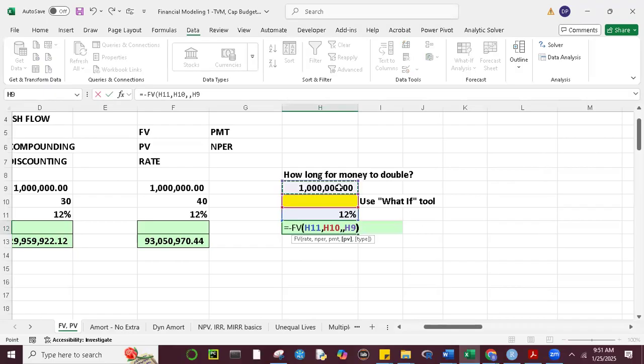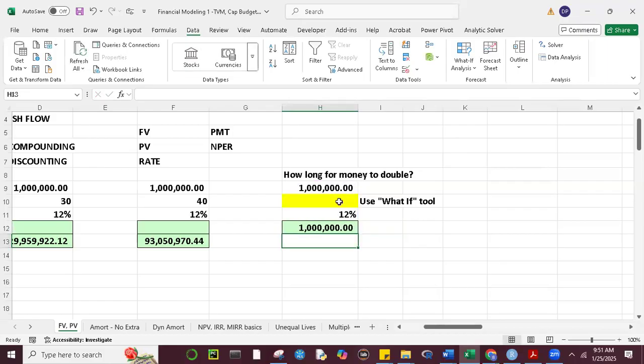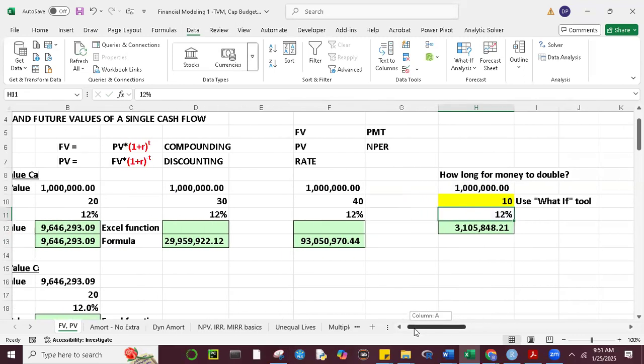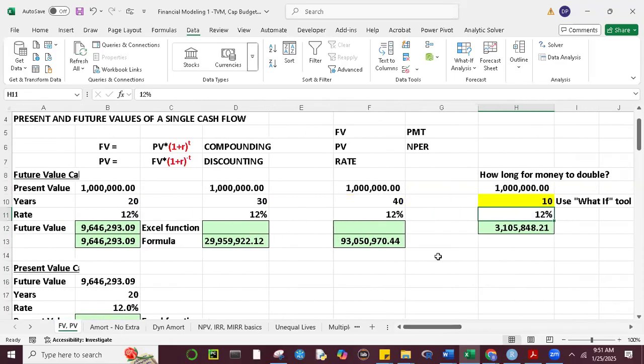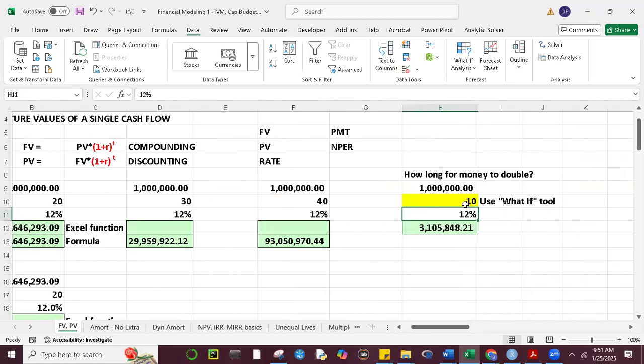If you have this formula, class, it's 1 million because the number of years is 0. If I change this to 10, then this will be the same as the value here. If I make this 20, it will be the same as this value. If I make this 30, it will be this value, right?